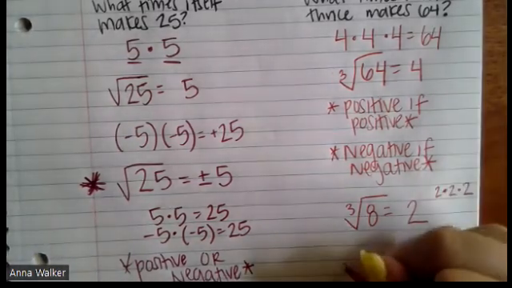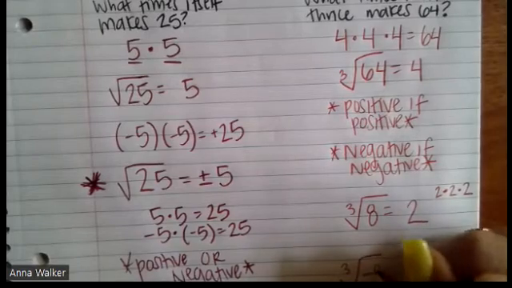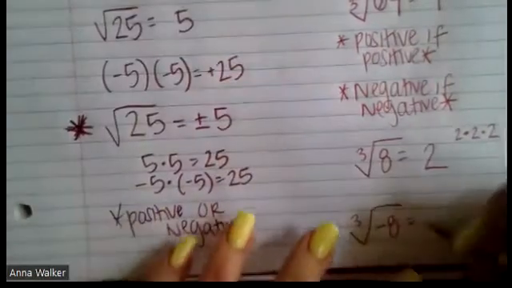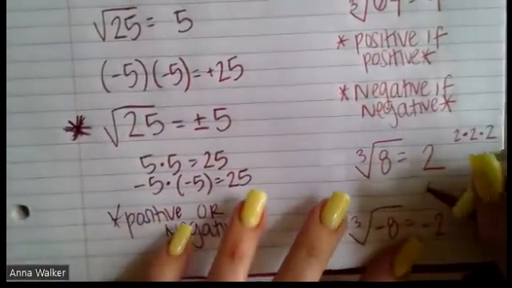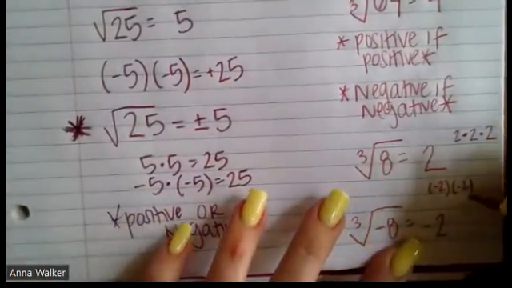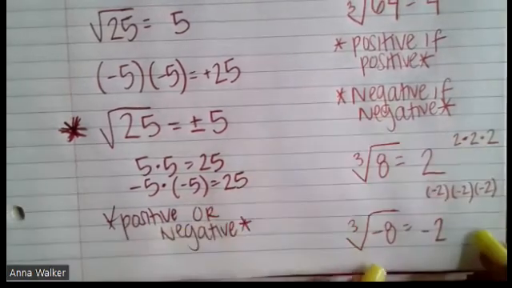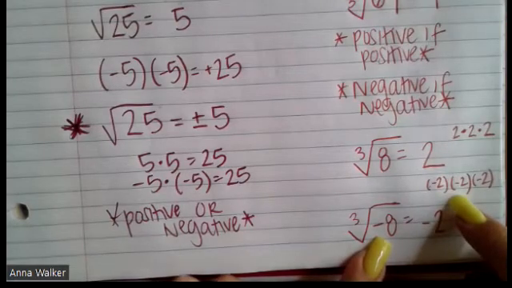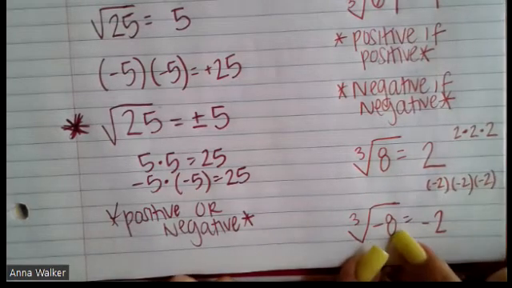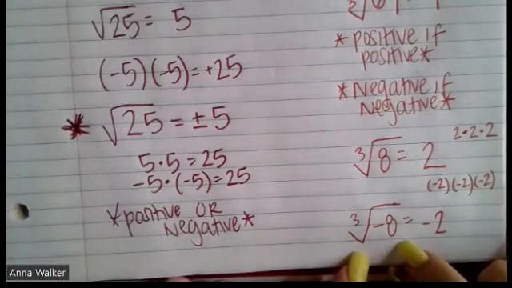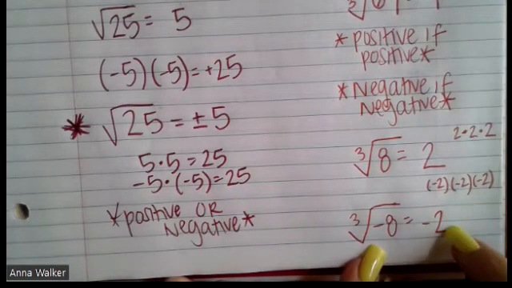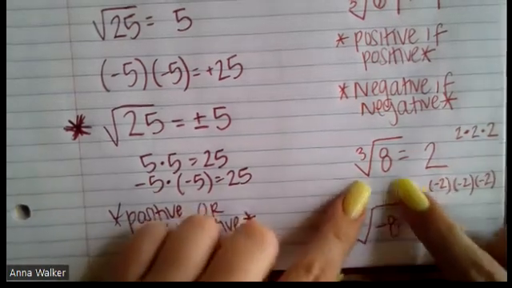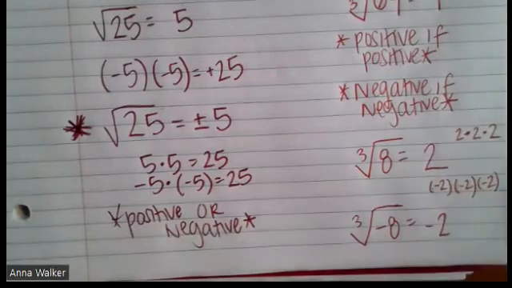However, if I wanted to find the cubed root of negative 8, this ends up being negative 2, because negative 2 times negative 2 times negative 2 is equal to negative 8. Negative 2 times negative 2 is positive 4. Positive 4 times negative 2 is negative 8. So if you're asked to find a negative cubed root, then you know your answer will be the negative version of that number. And if you're asked to find a positive, the answer will be positive.